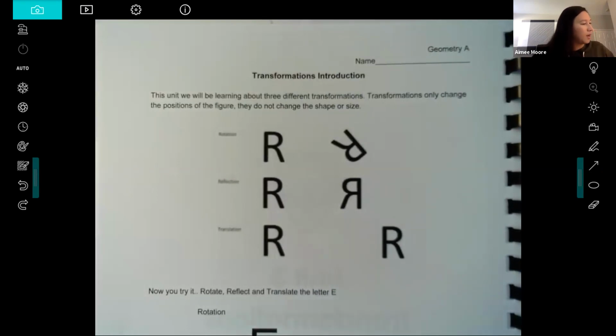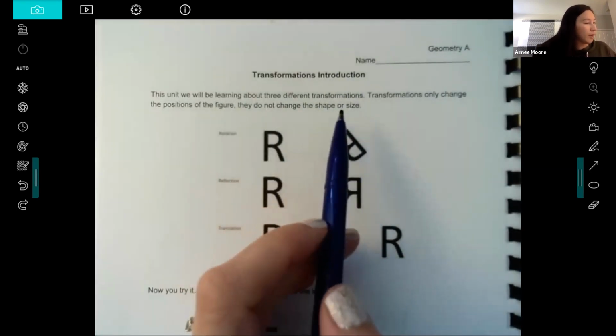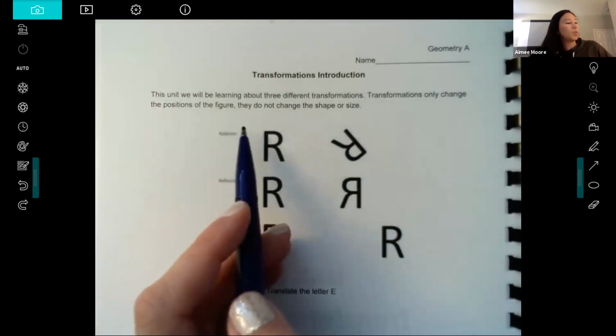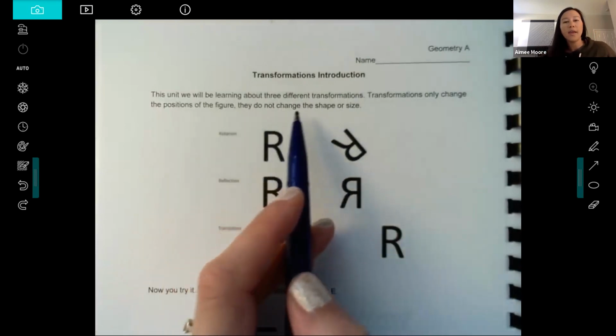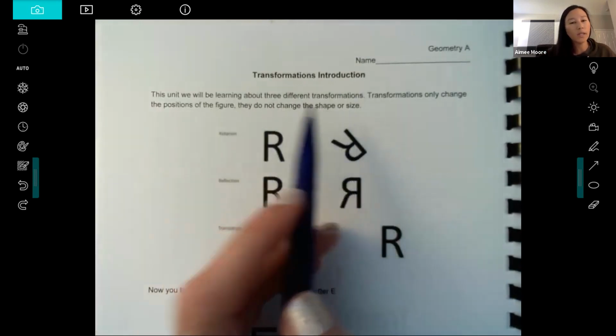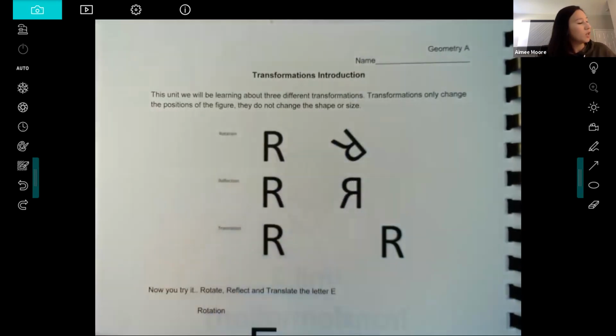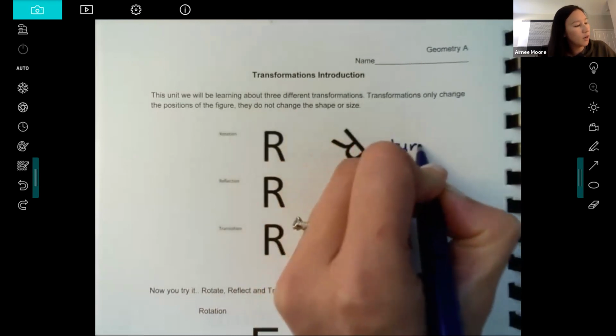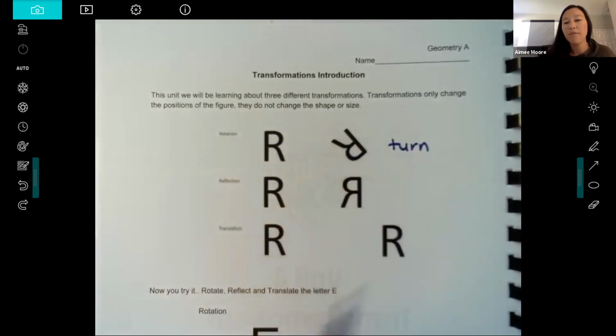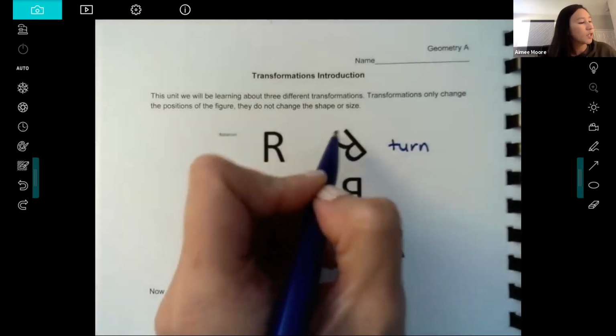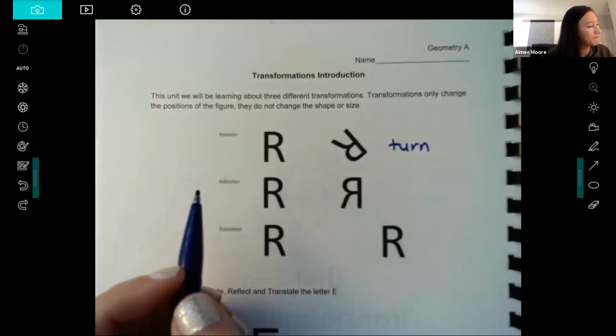Okay, so Unit 3, you'll be learning about 3 different transformations. So transformations only change the positions of the figure. They do not change the shape or size. So we're going to be doing rotations. So rotation means that you just turn the figure. So see how the R was just turned? Yeah.